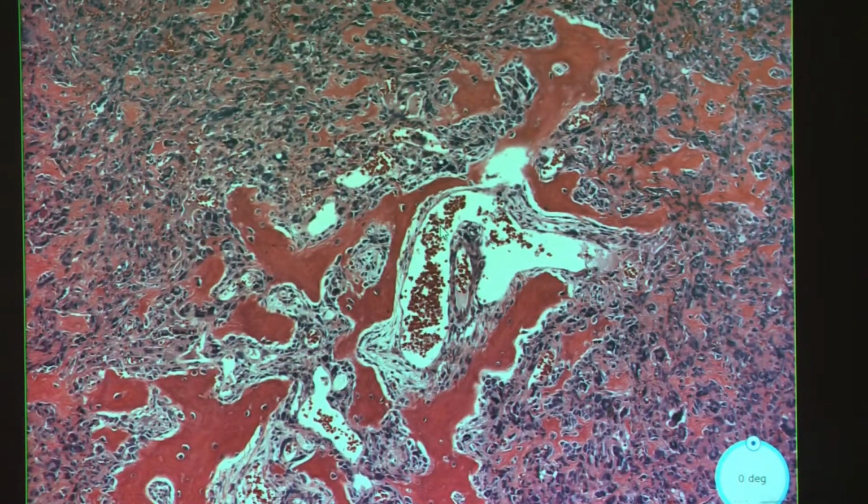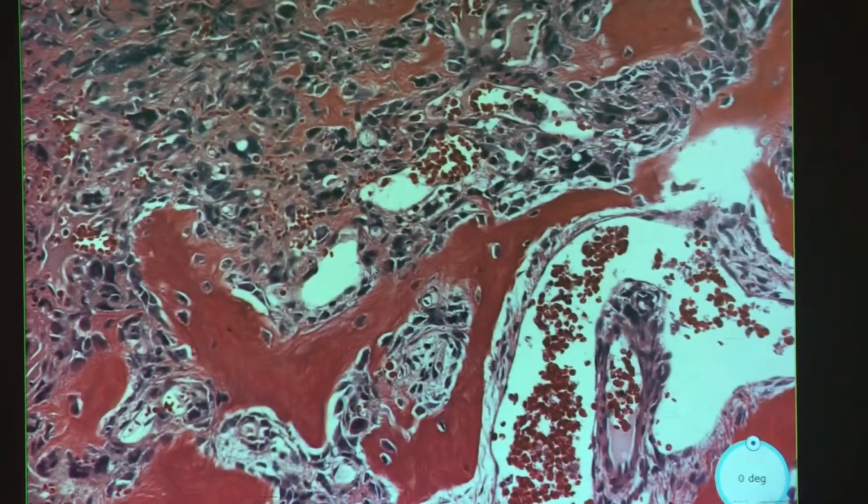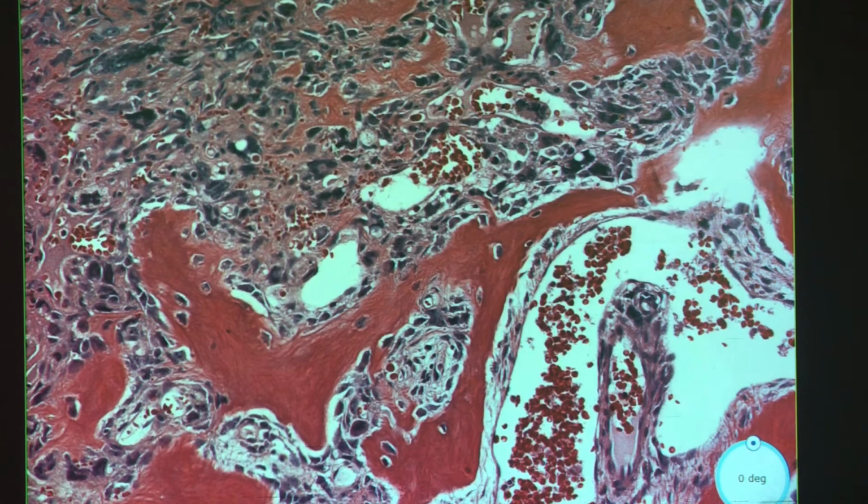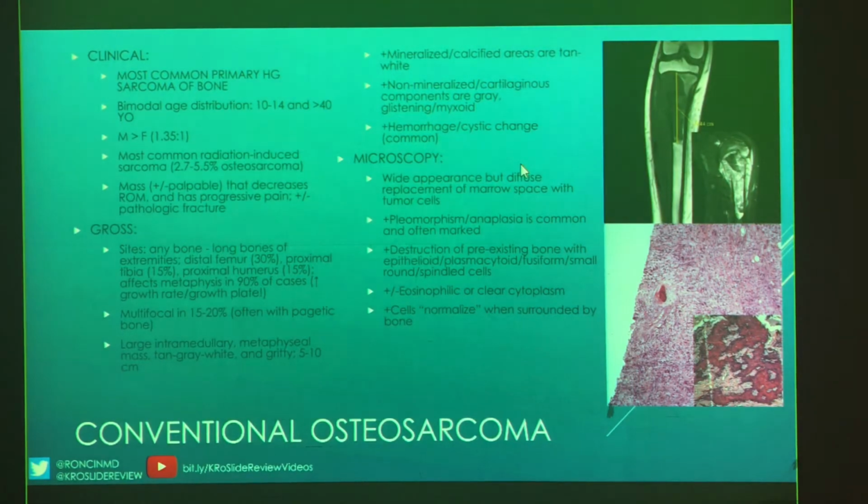So we have a high-grade sarcoma involving the bone. If you had to take a stab at it, the best thing to guess, which is what this is, is conventional osteosarcoma. And why? Because it's the most common primary high-grade sarcoma of the bone.